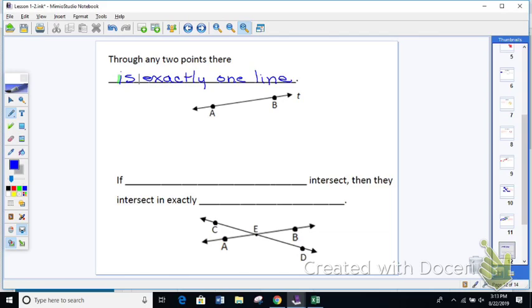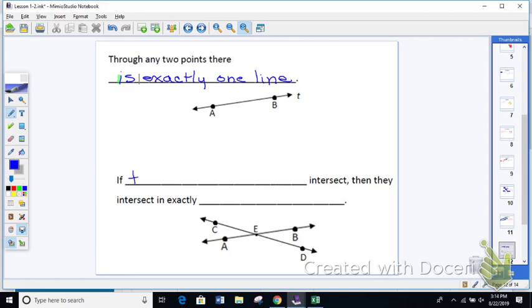The second one, if something intersects, then they intersect in exactly another blank. So what do we see intersecting in our diagram? Jean? Lines. Okay, we see lines.